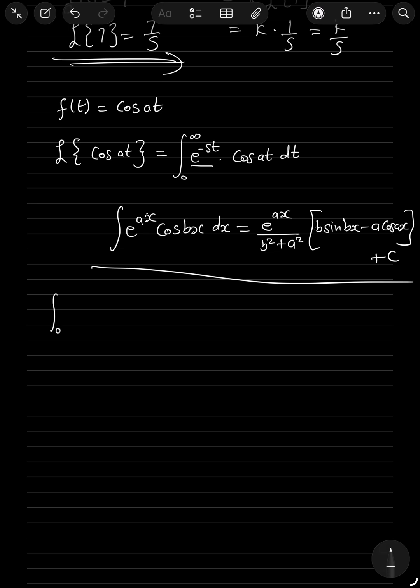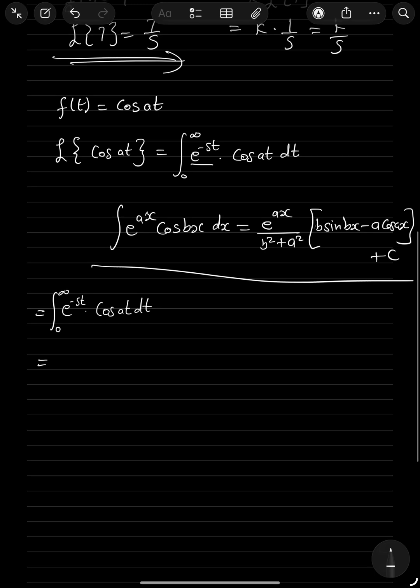So the integral of cos at dt, we are saying this is going to be e to the minus st over s squared plus a squared.